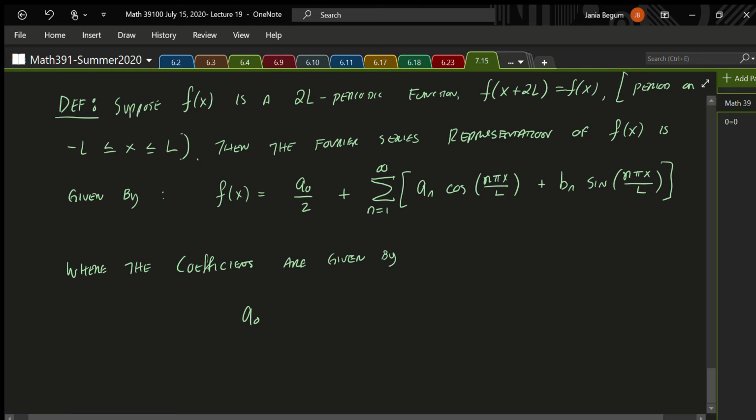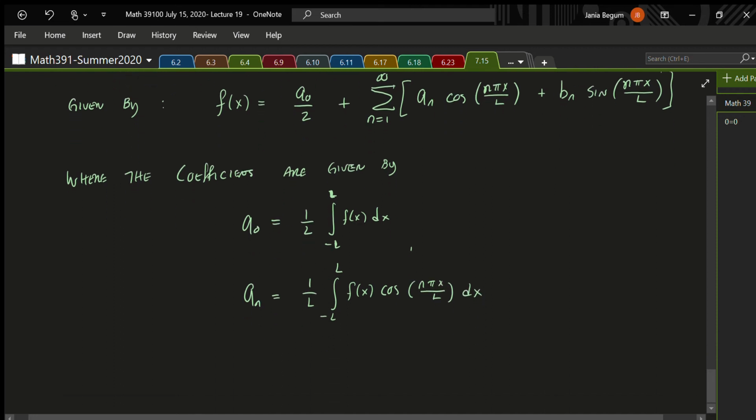So a0 is given by the formula 1 over L integral from negative L to L of f of x dx, and an is given by the formula 1 over L integral from negative L to L of f of x times cosine of n pi x over L dx.